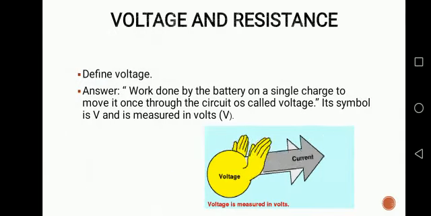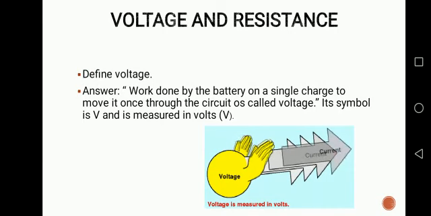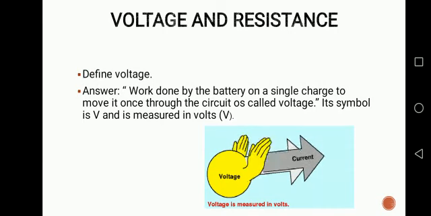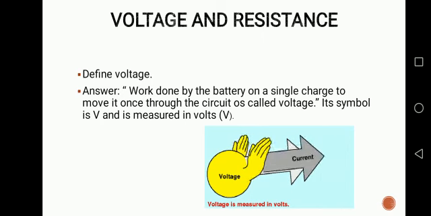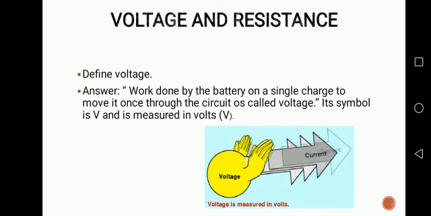So the voltage between two points is a short name for the electrical force that would drive an electric current between the two points. Specifically, voltage is equal to the energy per unit charge. As I said earlier, the battery drives the electrical charges. To move the charges, a battery does work on them, and that work is known as voltage.